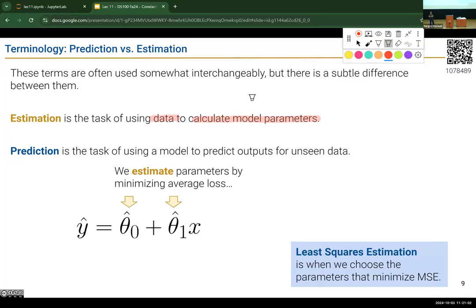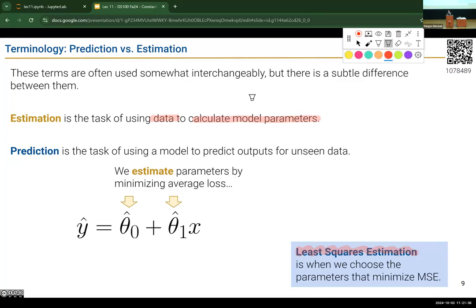And we're going to talk about how reliable this estimation is depending on your data set and how you can make sure that your estimation is as accurate as possible compared to the population of target that you have in mind. When we're doing the SLR and optimizing SLR, or every time that we're trying to minimize mean squared error, we call that least squares estimation, because we're just estimating some parameters for some model using the least squares loss function.